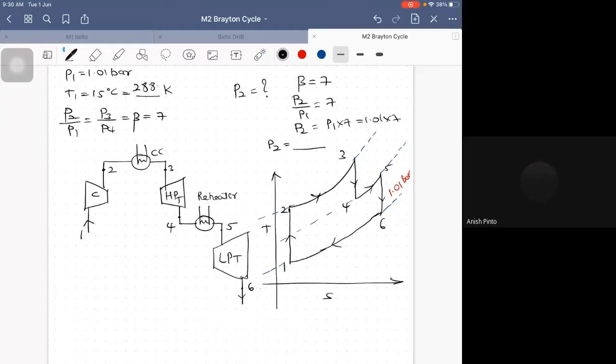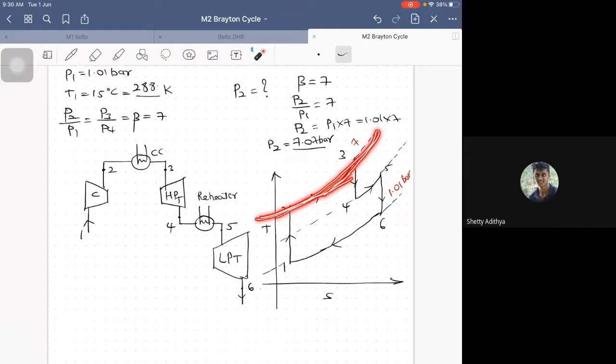So 7.07. Now you see all this heat addition process from 2 to 3 takes place at a pressure of how much? 1.01.